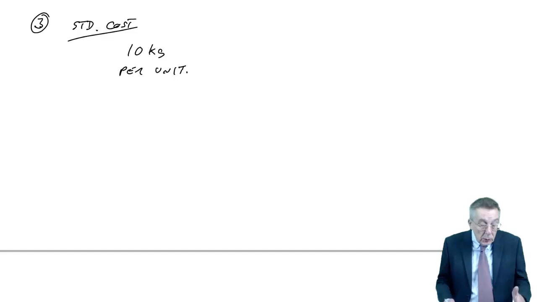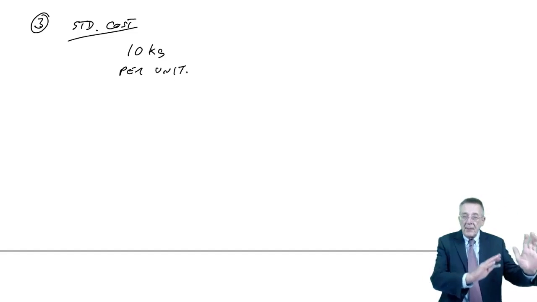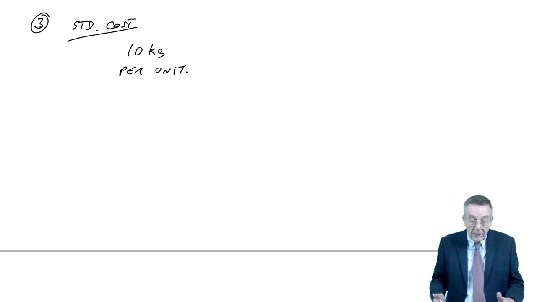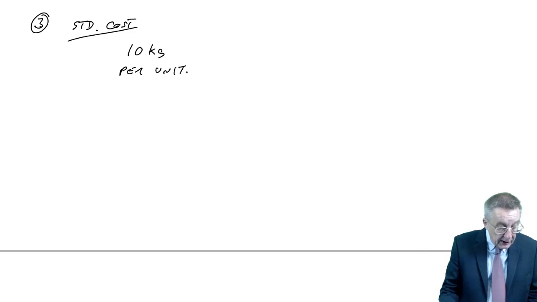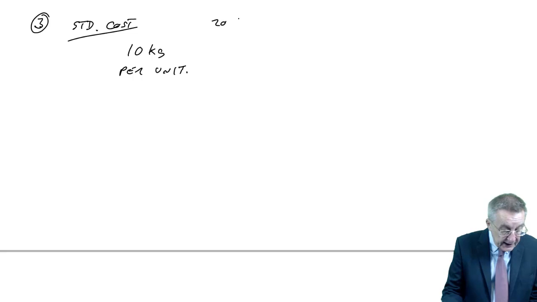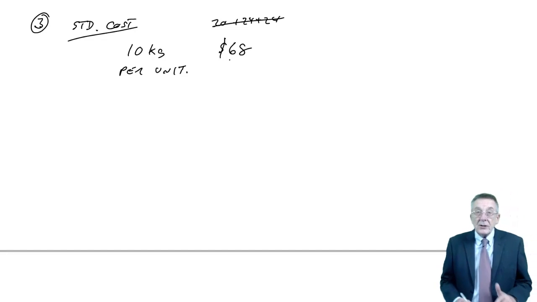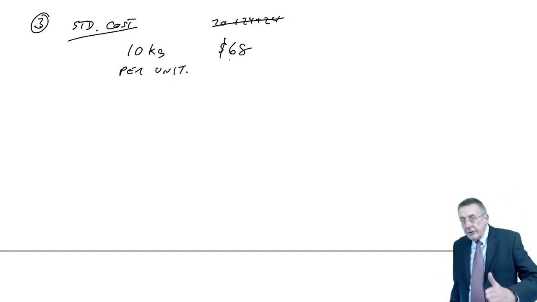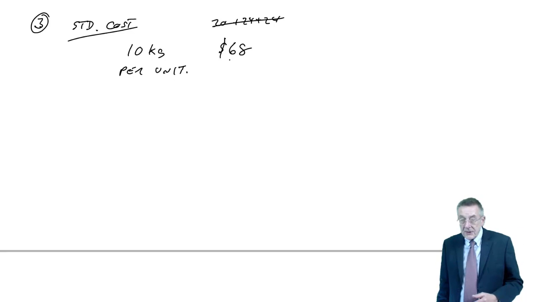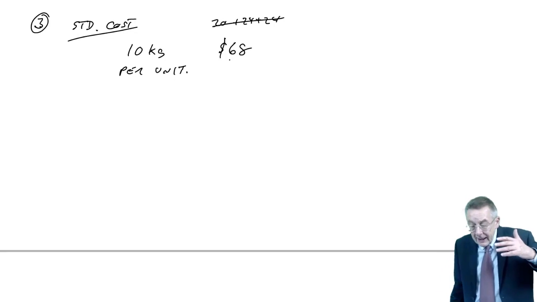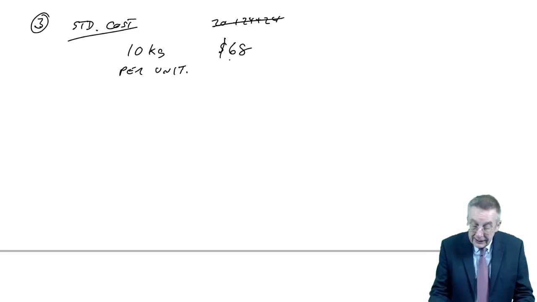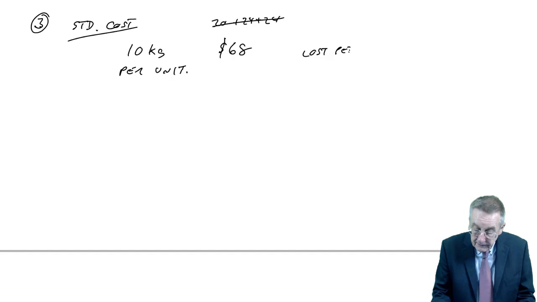And how much in total should they cost, assuming we're mixing properly and pricing properly? 10 kilos should cost us, well, add them up, 20 plus 24 plus 24, yeah, 68. So that's what should happen. Every unit should use 10 kilos. And the average cost per kilo, if it's 68 for 10 kilos, should be $6.80.